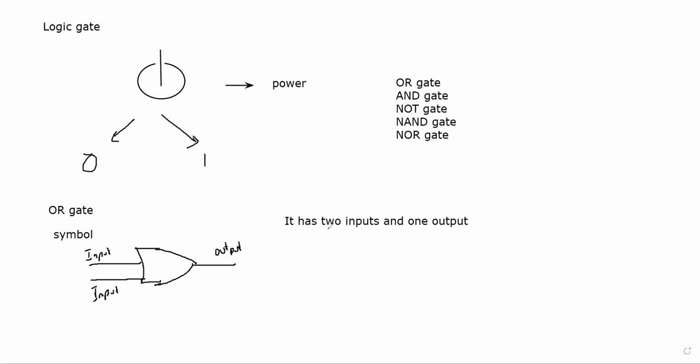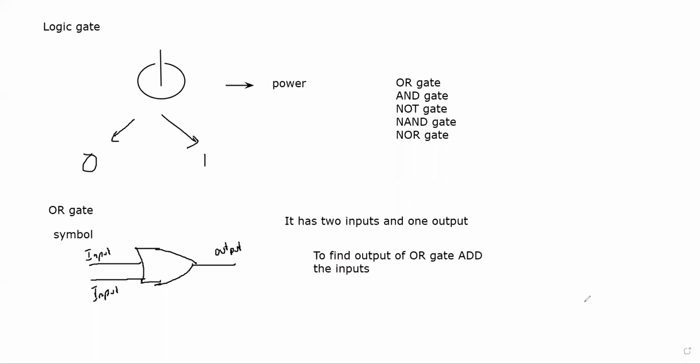Now how it works, the working of OR gate, it is easy to remember. To find the output of OR gate, add the inputs. So when we add the inputs, we will get the output.